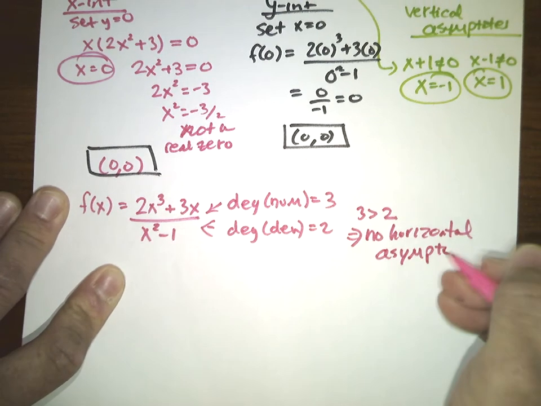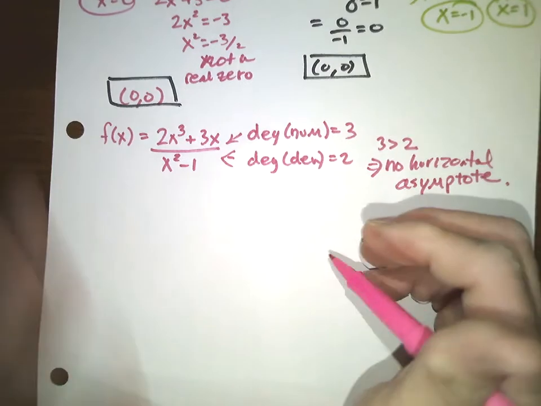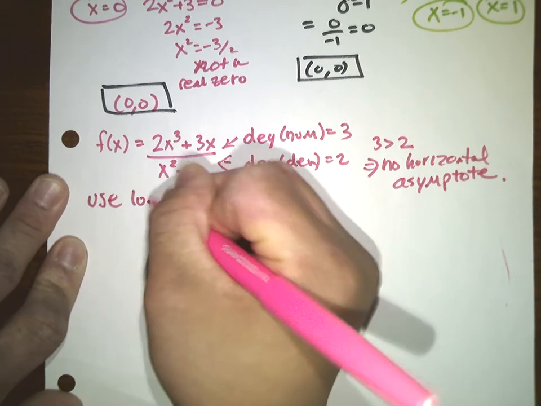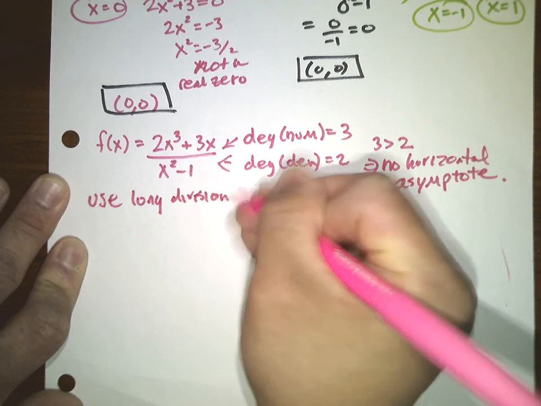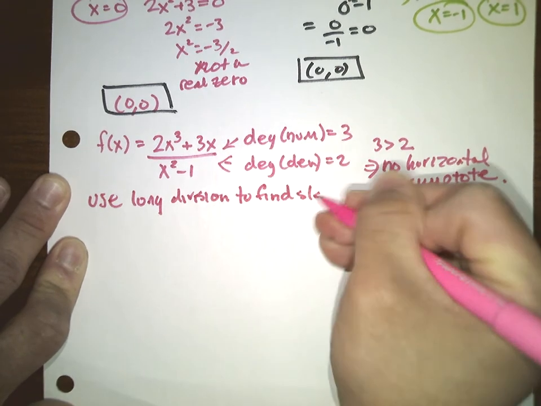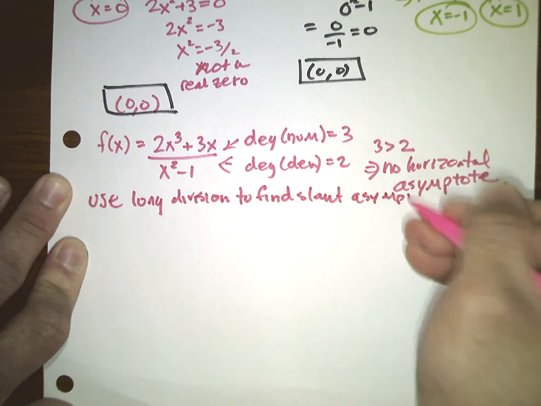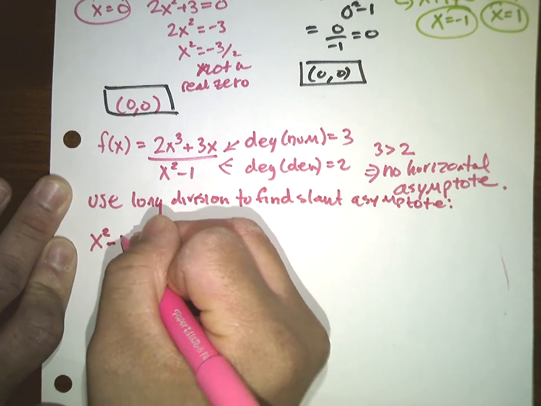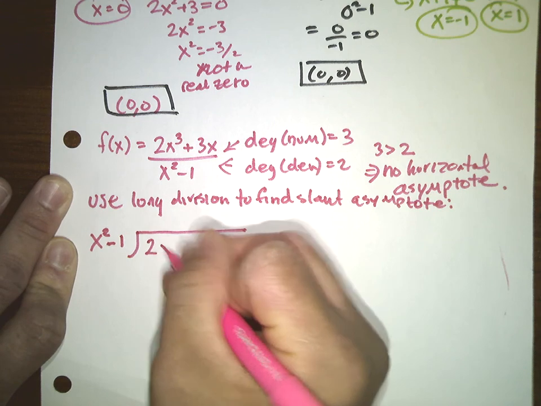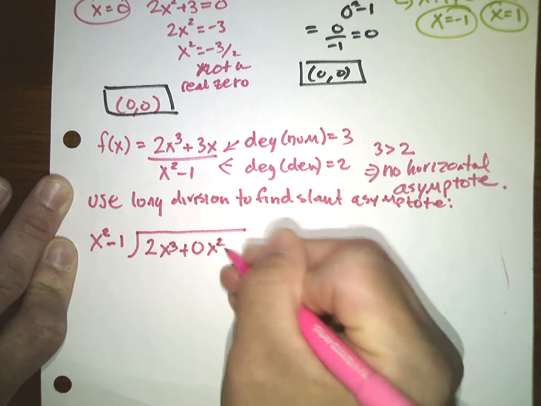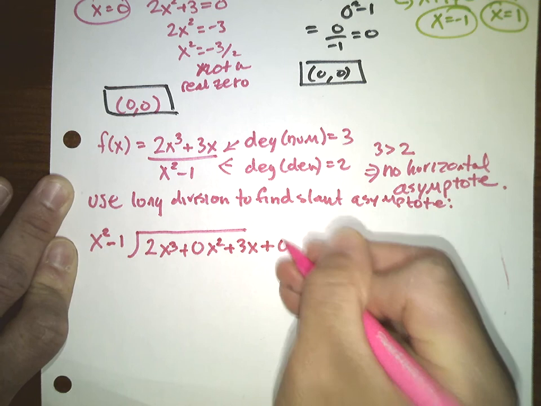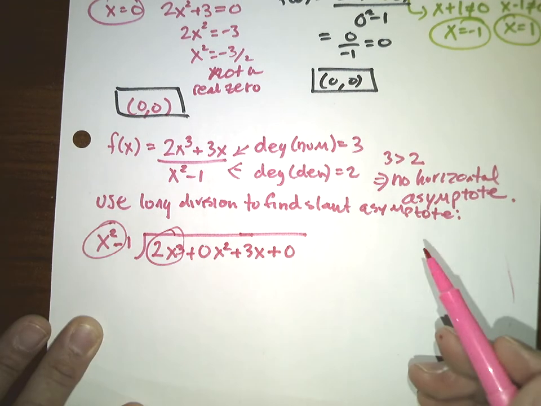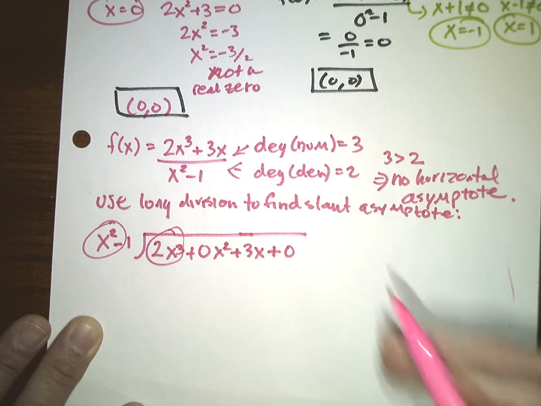But I can use long division to find a slant asymptote. So x squared minus 1 goes into 2x to the third plus 0x squared plus 3x plus 0. 2x to the third divided by x squared is 2x.